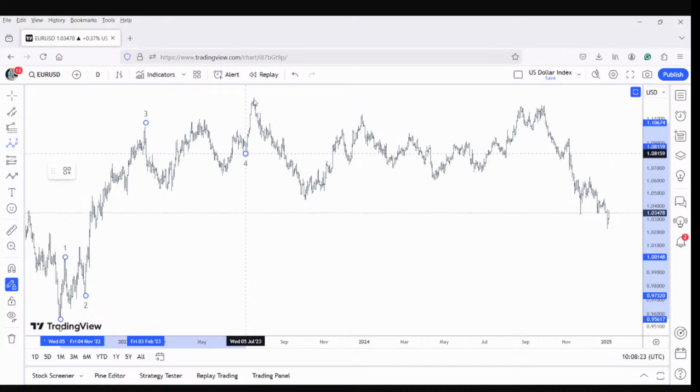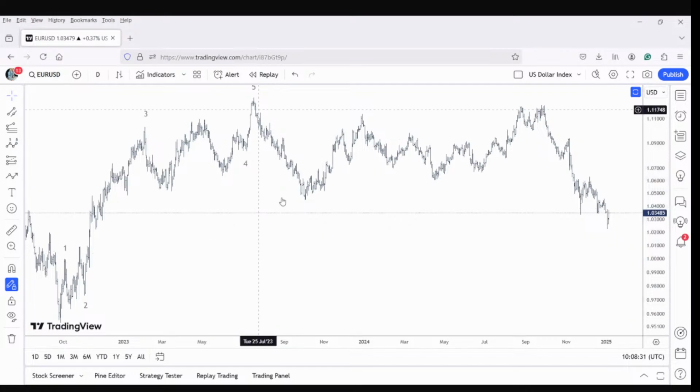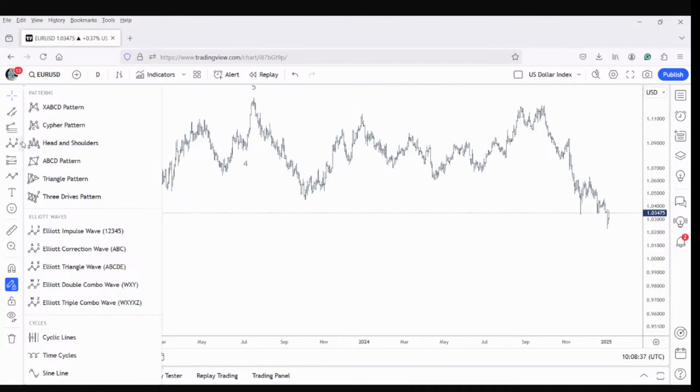The triangle wave 4 and 5 completing the impulse. Once you have the 5 wave rally, the larger degree trend is up. And what followed was a complex correction, which we have discussed again.